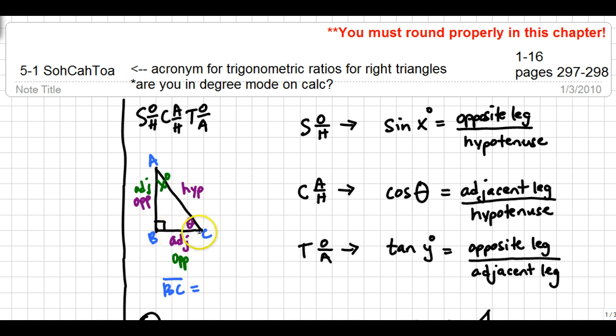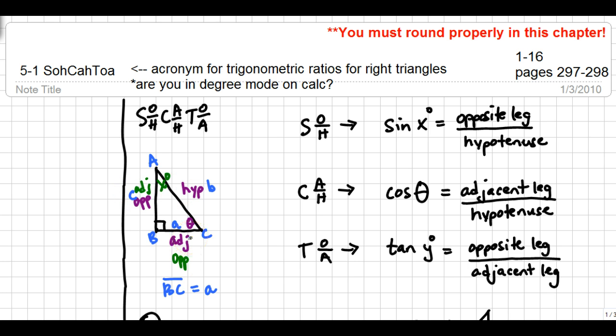So side BC is the same as side little a. Those were referencing the same length. And little a has to be side BC because it's across from angle A. So then we would know that side B, which we would label with a lowercase b, is across from angle B. So then same thing with side C.